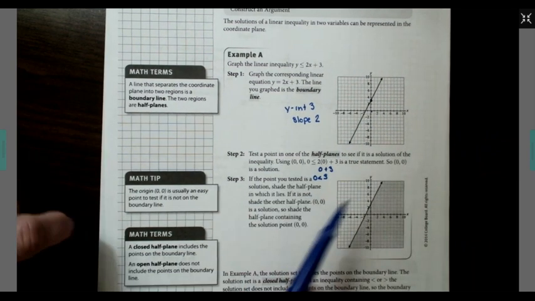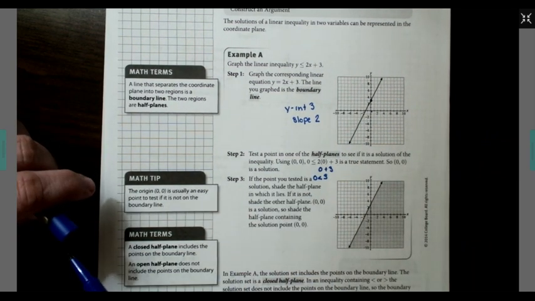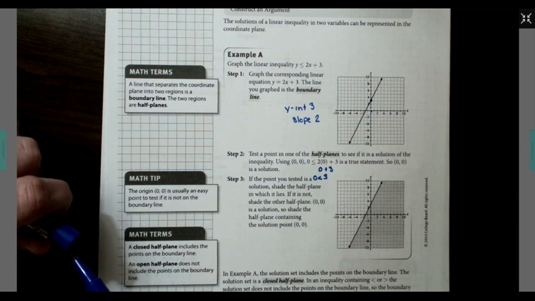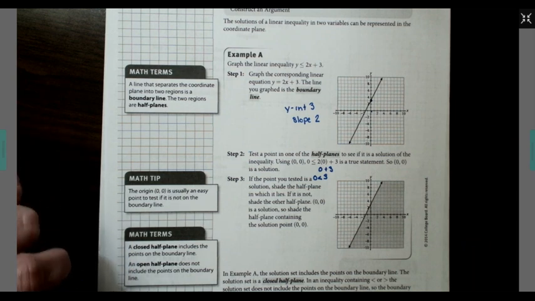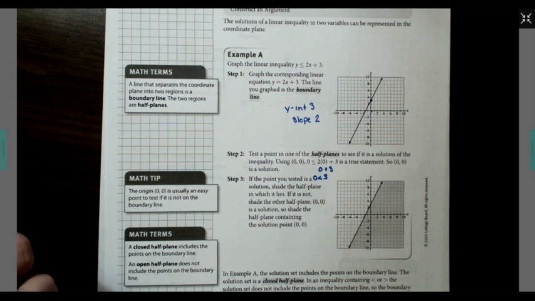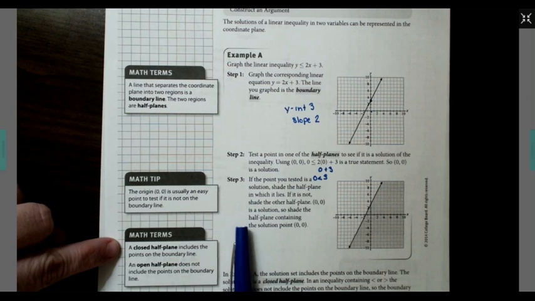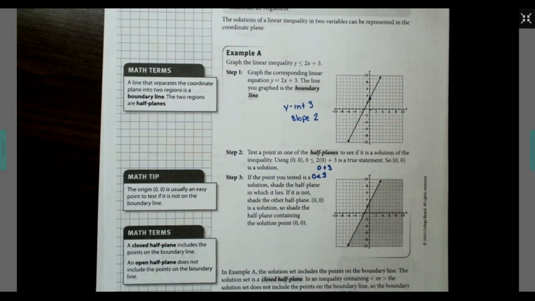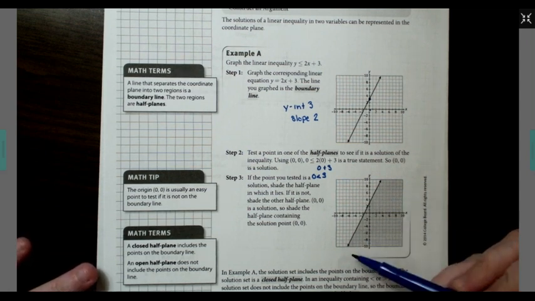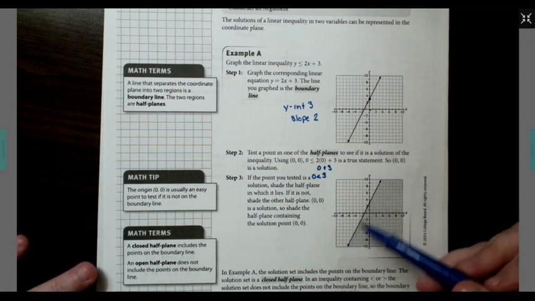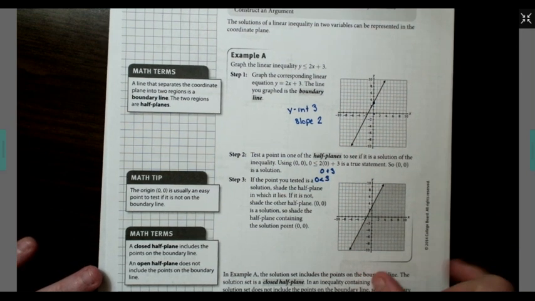If the point you tested is a solution, shade the half-plane in which it lies. If it is not, shade the other part. (0, 0) is a solution, so shade the half-plane containing the point (0, 0). Again, they called this a closed half-plane because the line was solid.